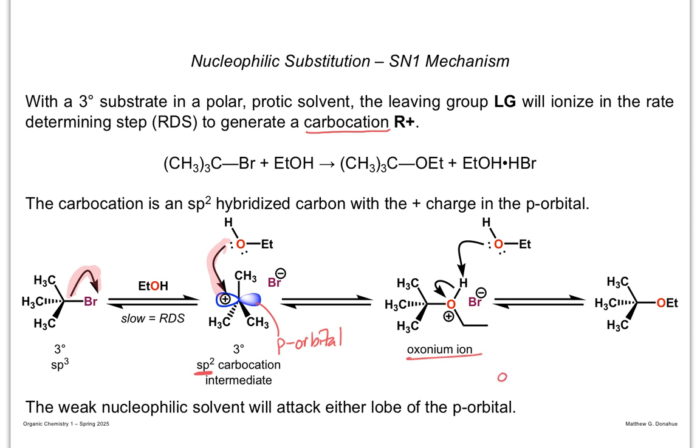And you should be a little bit familiar with that. When you protonate water, that forms hydronium. Now we just have some carbon substituents, so it's called oxonium. And then the last step is an acid-base reaction. That allows us to form the neutral product. And in this case, because the solvent was an alcohol, we end up with an ether.